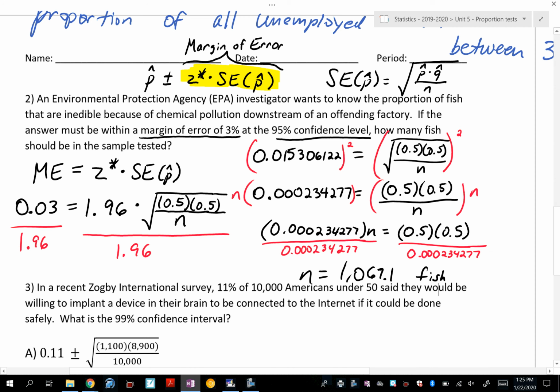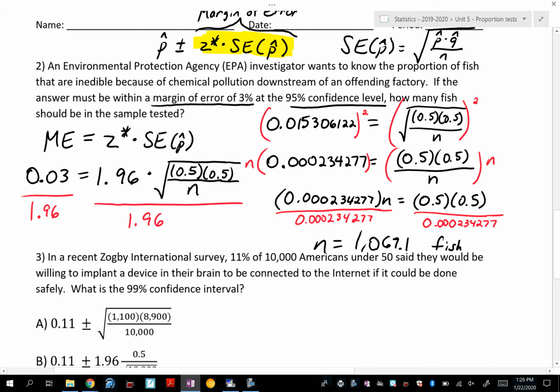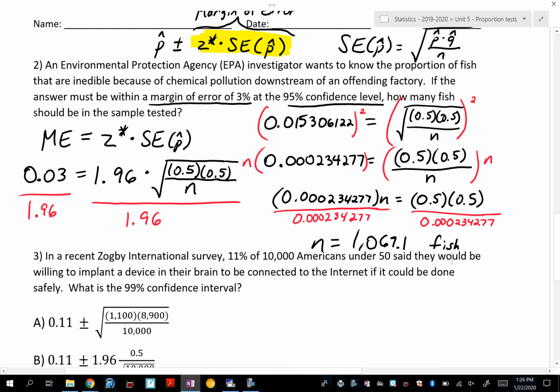But if you went and sampled 1,067 fish, you would actually not get a margin of error of 3%. You would get a margin of error of 3.0000001%, just barely above 3%. So whenever you're doing this, you want to think always round up. So how many fish are you going to tell this EPA investigator to go get to sample to test?